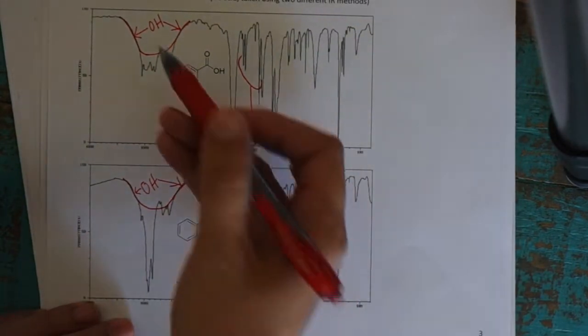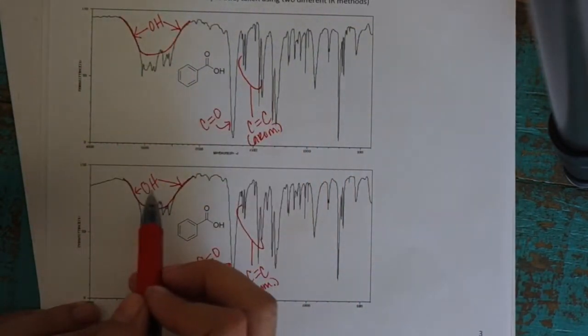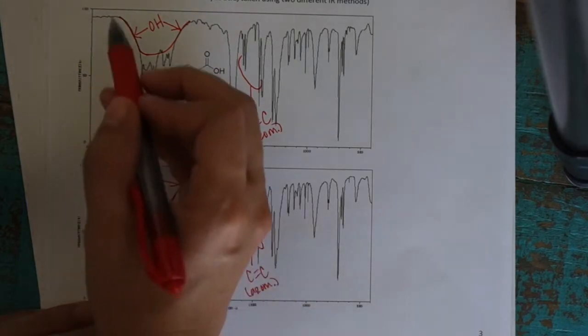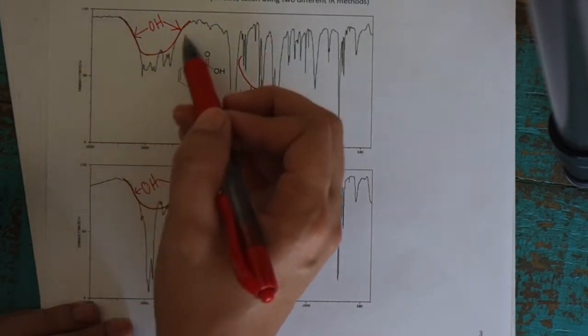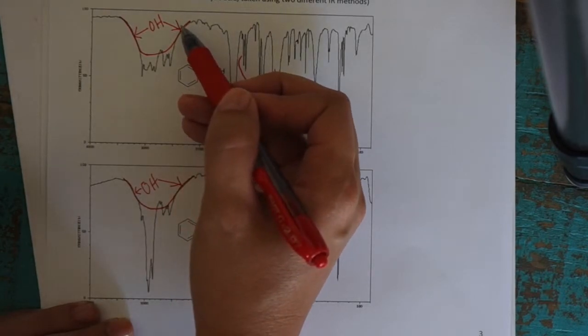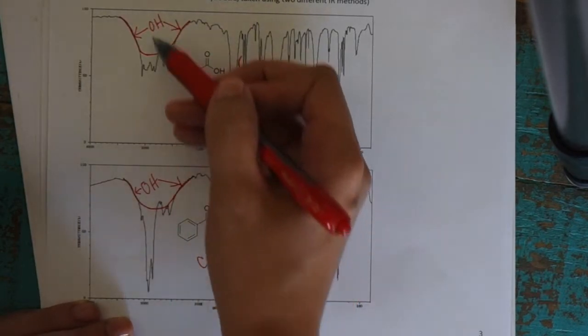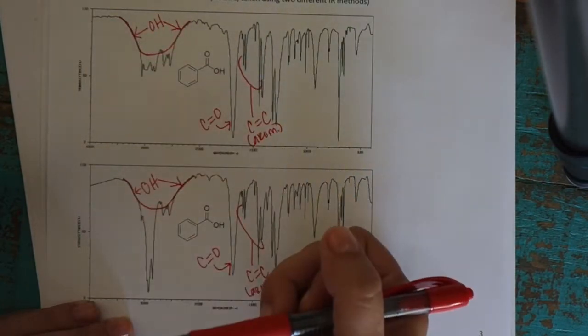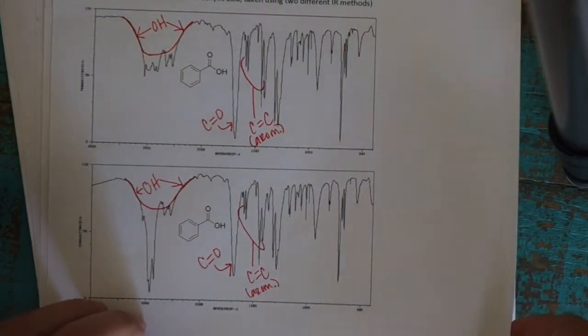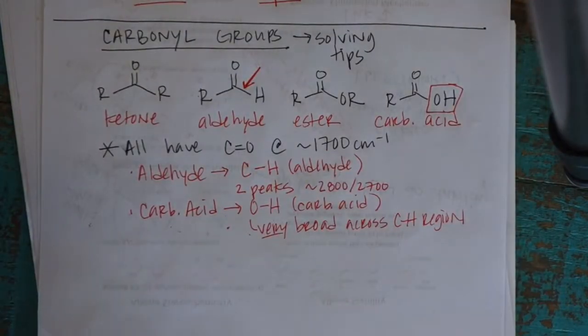We're talking about the OH that goes broadly across. It makes your CH look more broad and it dips quite a bit. That's more than just a regular CH, which would be a little more pointy with a flatter baseline around the edges of the CH region. So you want to be on the lookout for that. That usually means that you have a carboxylic acid.